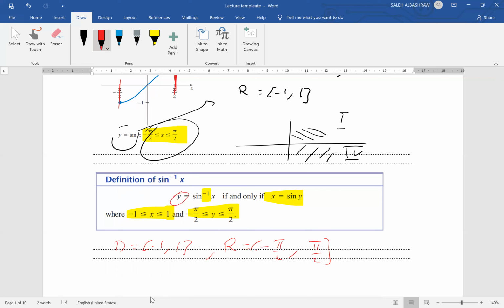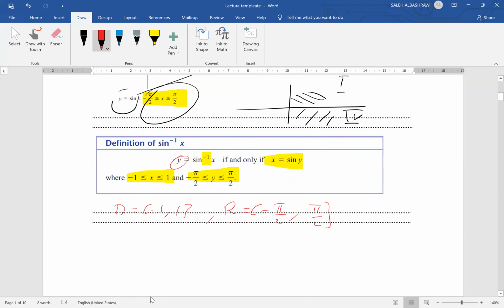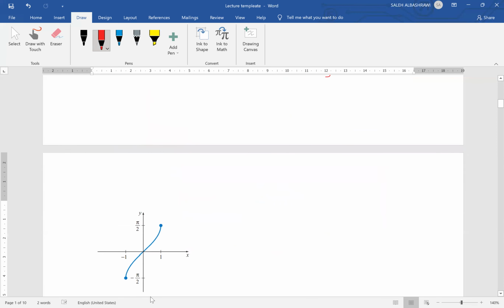So we can say in general, the output of the inverse trigonometric function is the angle. We are looking for the angle when you are given the exact value for the trigonometric function. What will be the angle corresponding to that value? And the graph of this one will be this shape.